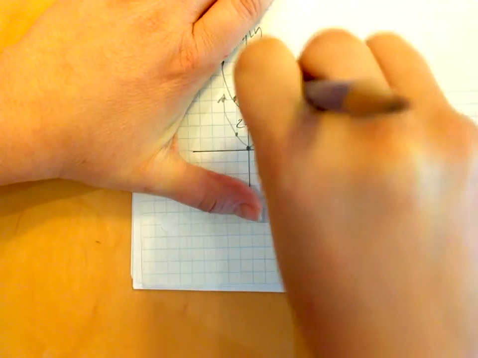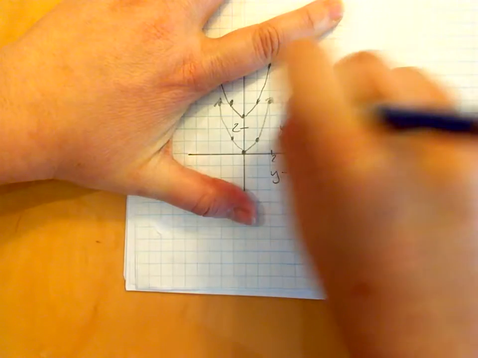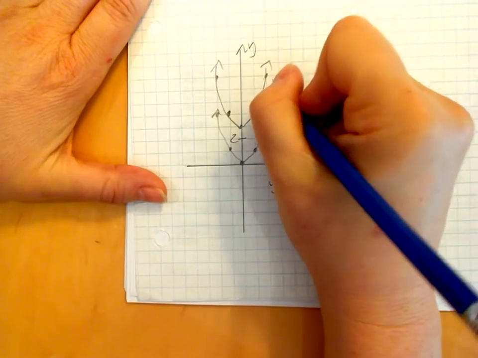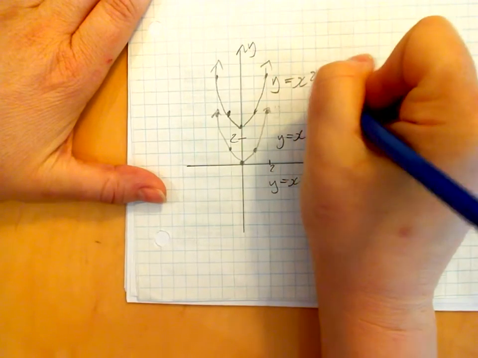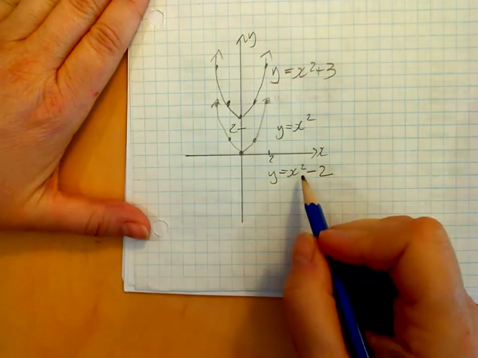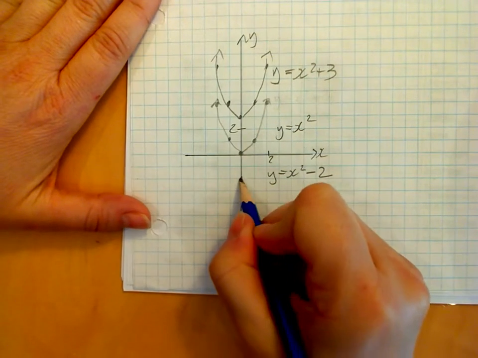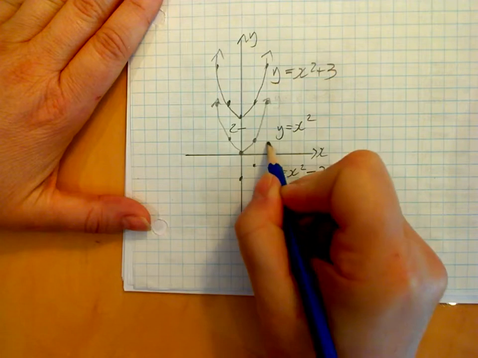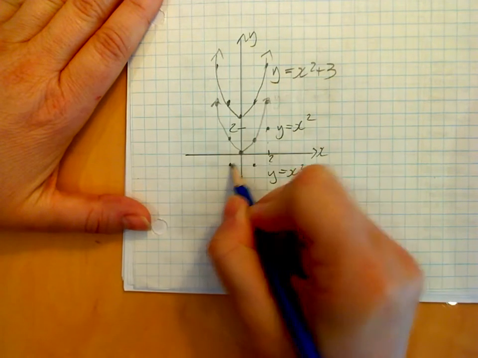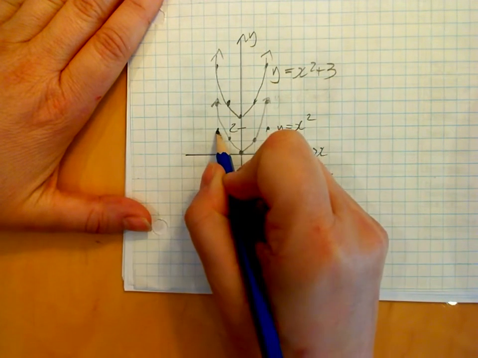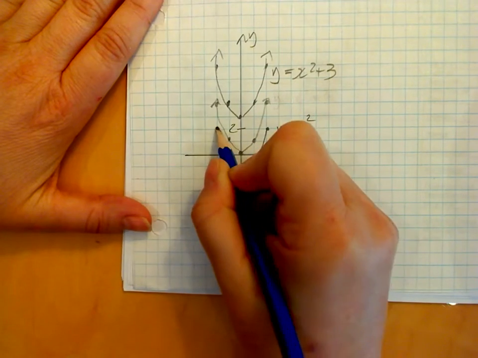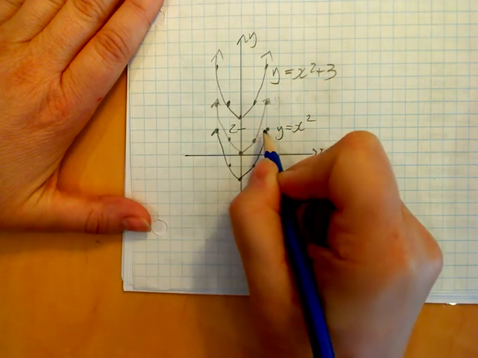And when we plot these points and make a table of values, we find out that the points are here. See how I use symmetry to just plot all the points?